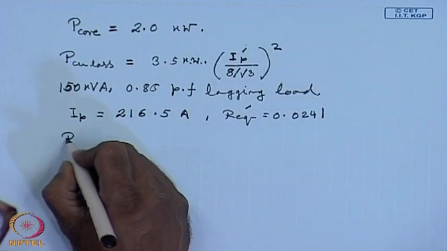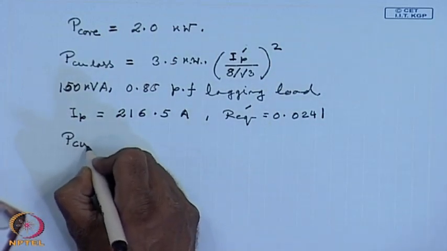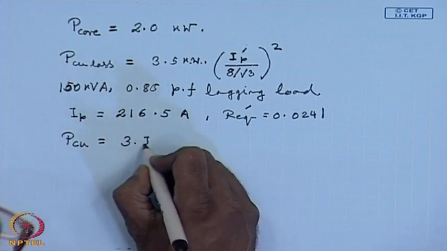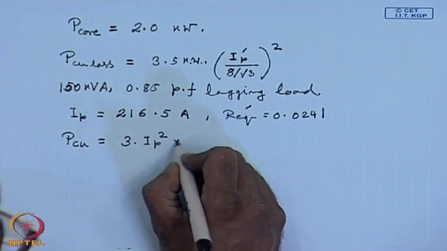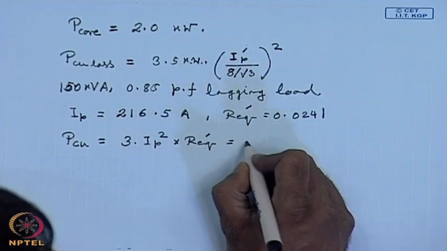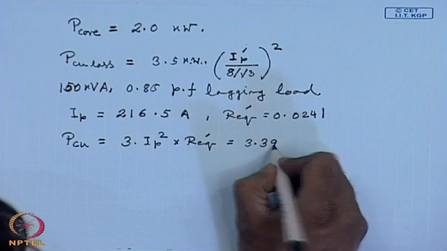Therefore, P copper loss under the stated condition was 3 into I p square into R e q dash, and this comes out to be 3.39 kilowatt.